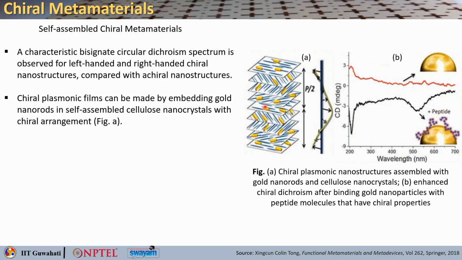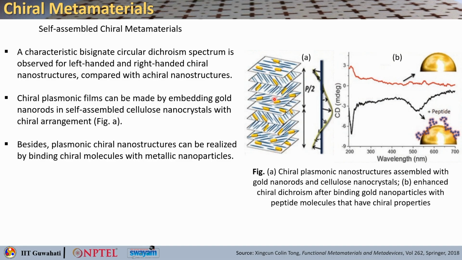Okay. So, here what is shown is basically a chiral plasmonic film that is made by embedding gold nanorods. So, the yellow ones are the gold nanorods that you can see. They are embedded in self assembled cellulose nanocrystals, okay, and they have some chiral arrangement.